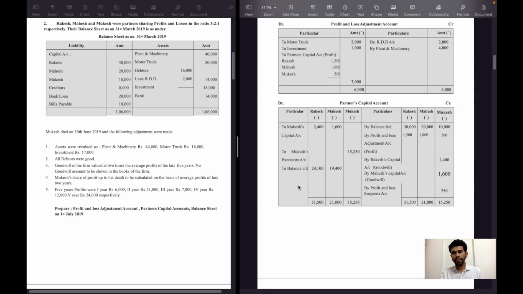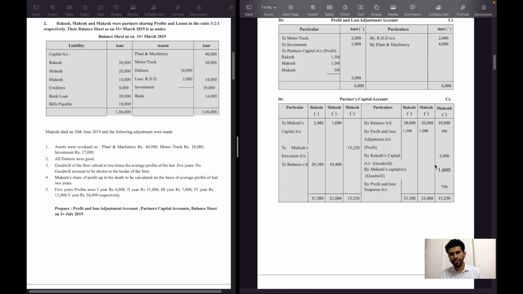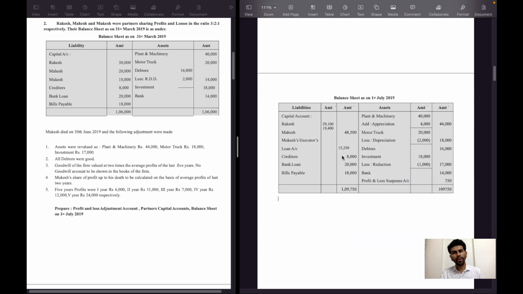First, we calculated the profit and loss adjustment account. The balancing figure is distributed among old partners in old ratio, and the balancing figure of partners' capital account is recorded. For continuing partners, it is the closing balance, and for the deceased partner, it is shifted to the deceased partner's executor's loan account and recorded on balance sheet liability side. Then balance sheet assets and liabilities are tallied.